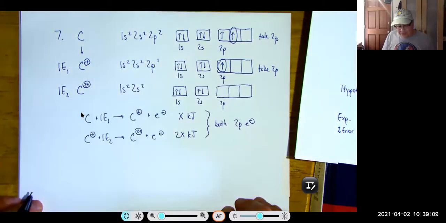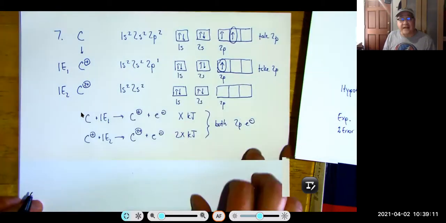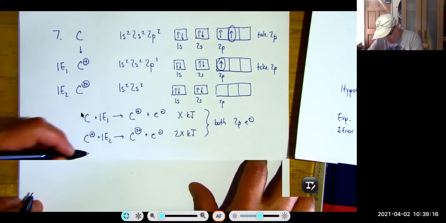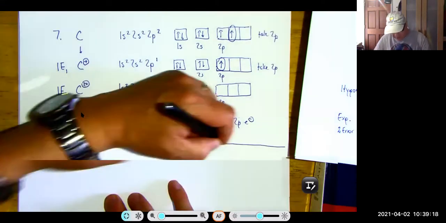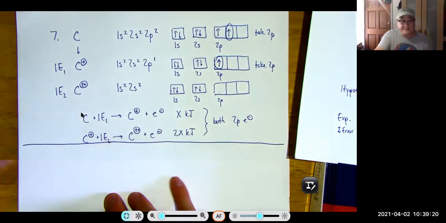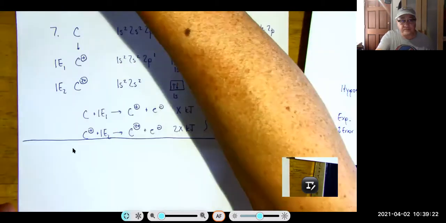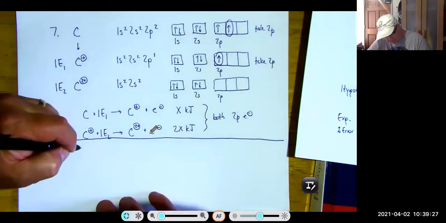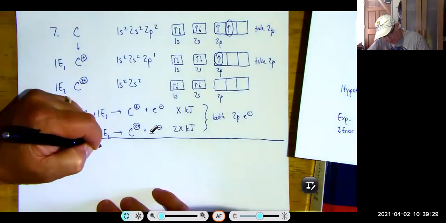Okay, so that's carbon. Now let's take a look at lithium. I'm going to draw a line across here and try to fit lithium on here. For lithium, we have 1s2, 2s1.